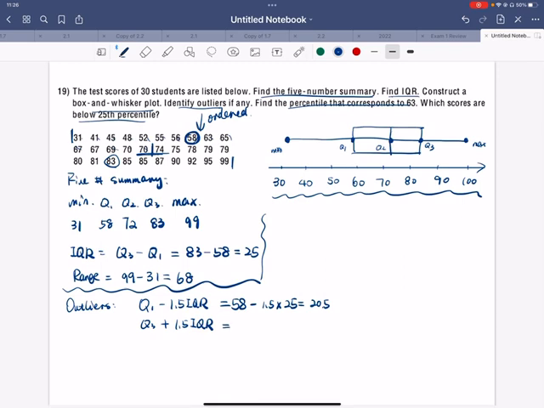Now the bigger one, 83 plus 1.5 times 25, that's 120.5.